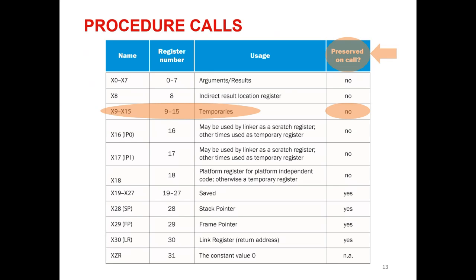What should I do if I want to keep the value in a variable, in a register? I need to use registers which are preserved after a procedure call. For instance, registers 19 to 27 are what we call saved registers. That means that they are preserved on a procedure call. The same happens, for instance, with the link register, which is the place in which we store the return address.